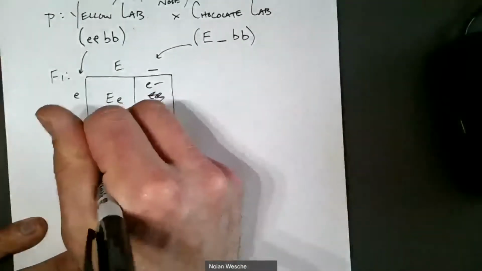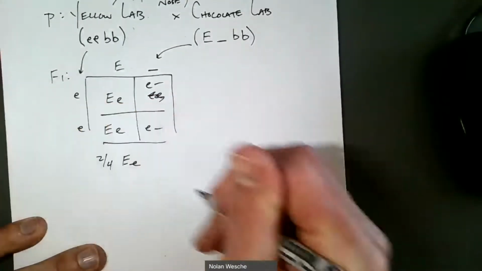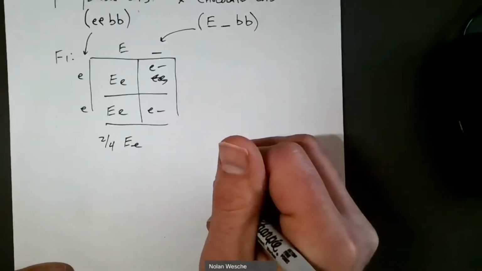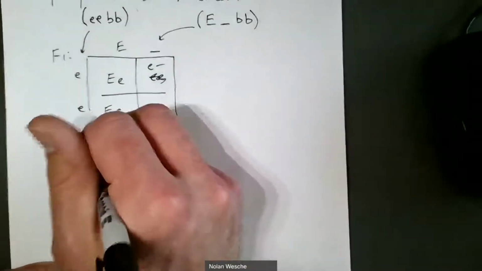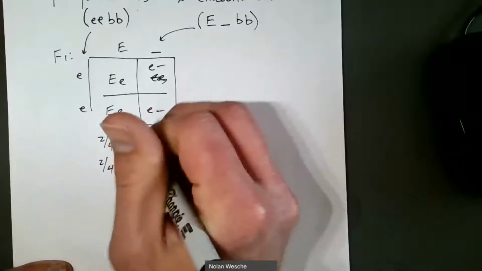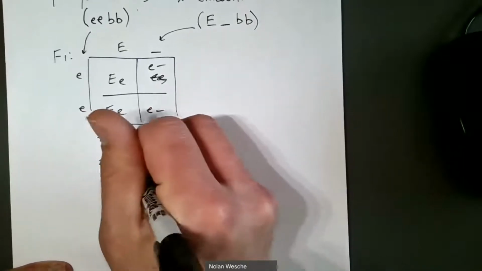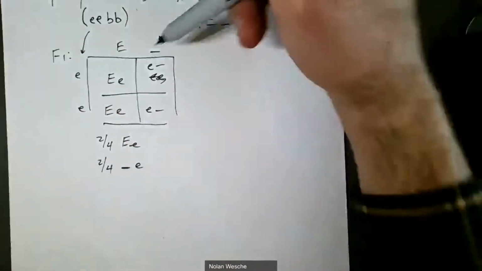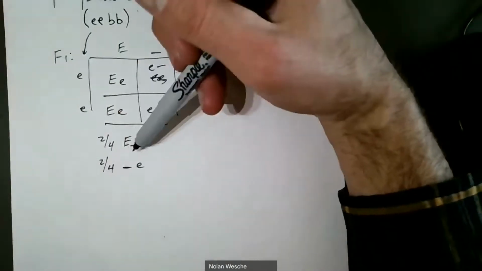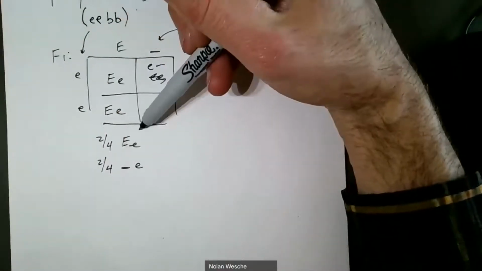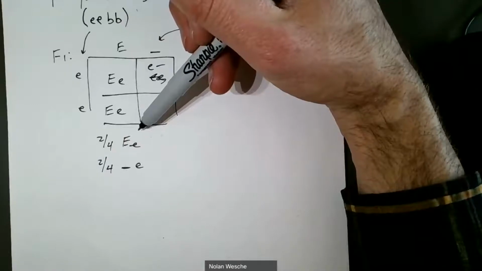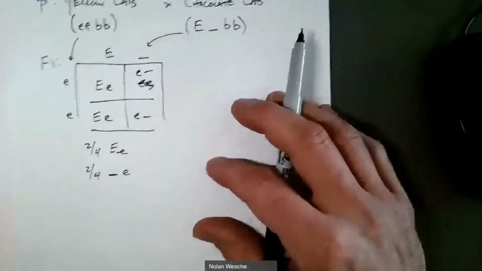We get 2 out of 4 that are going to get melanocortin and have pigmented fur. And then we have 2 out of 4 that, depending on what that allele is here that's missing, that we don't know, we could get golden labs or we could get more of the melanocortin, the colored labs. We just don't know yet.